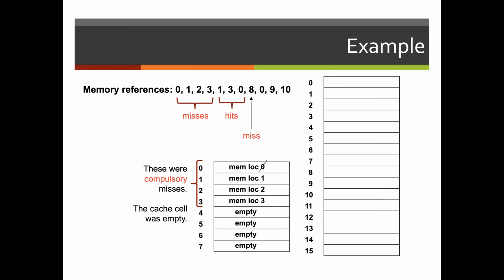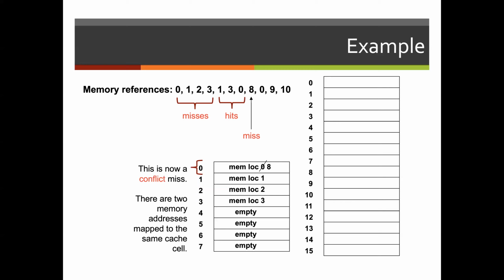And so now 8 will get placed into the cache. To calculate where it's placed, we do 8 modulo 8, and so it gets placed in cache location 0.